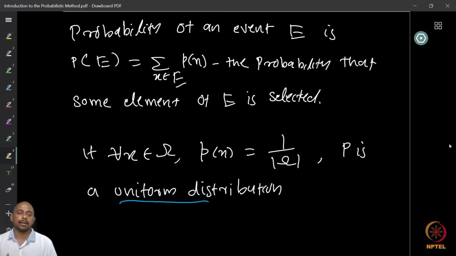Now, if for every x in omega the probability of x is equal, it's equal to 1 by the cardinality of omega, because the sum must be equal to 1. Then p is said to be a uniform distribution. So the probability distribution is uniform if all the elements have the same probability of occurring.